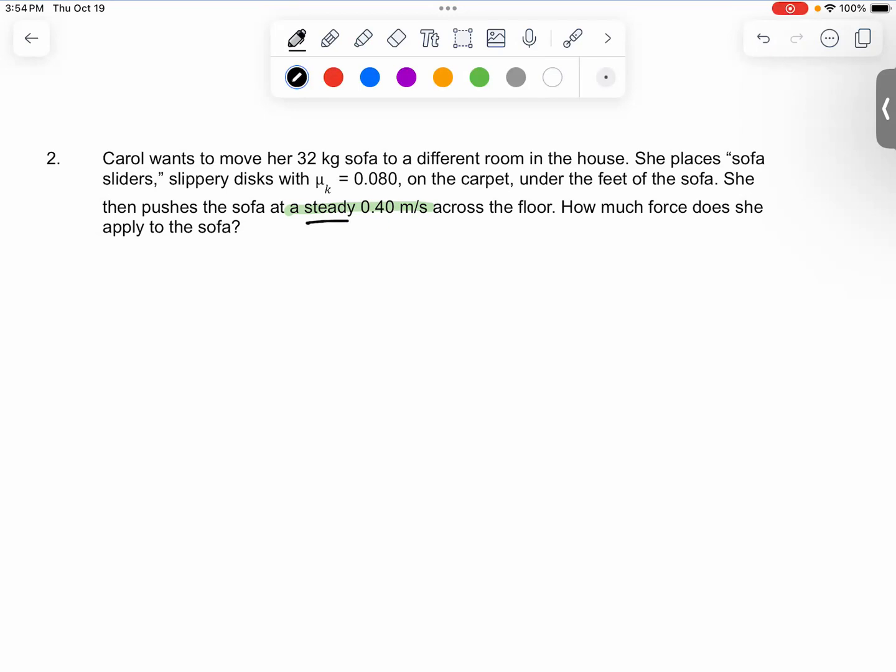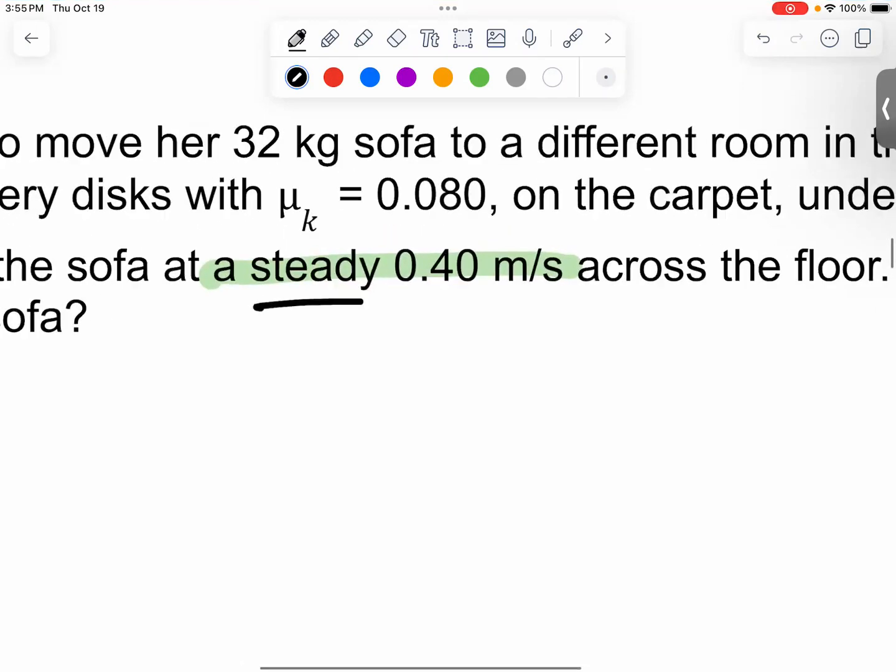Steady part. Constant velocity. There are a lot of ways to tell you that it's in constant velocity. Whenever you recognize that it's a situation where velocity is constant, that means what? Because the acceleration is 0.